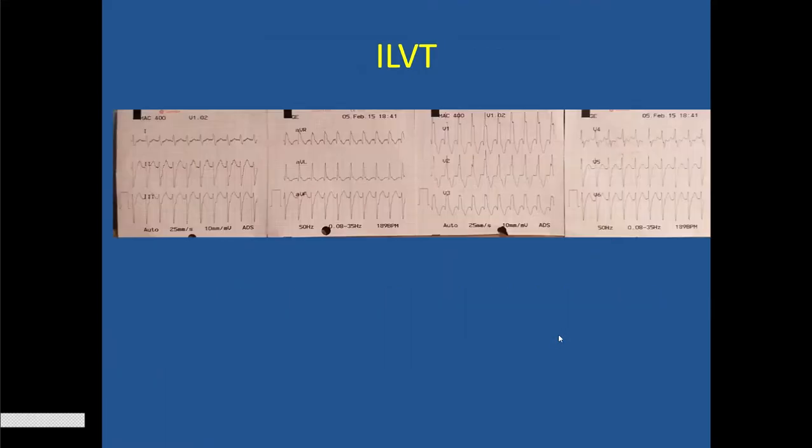With this knowledge, as already said, this is a typical idiopathic left ventricular VT. For a tachycardia, to have a right bundle and a left axis for a supraventricular tachycardia is very unlikely.